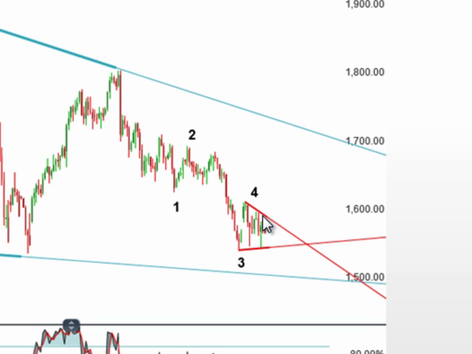And that suggests the possibility that if we were to break out the bottom of this triangle, we might have another further leg down in this trend.